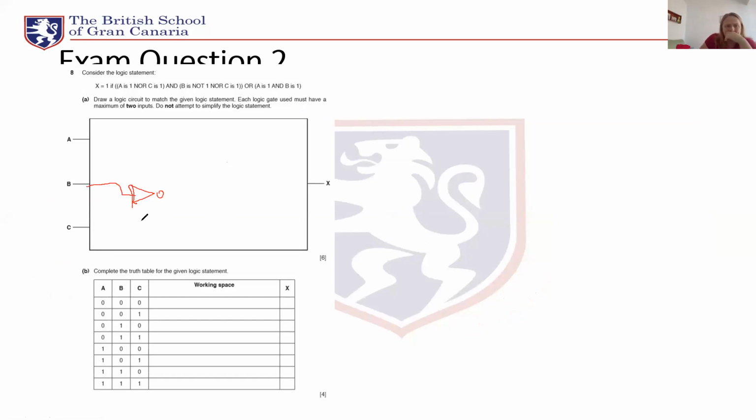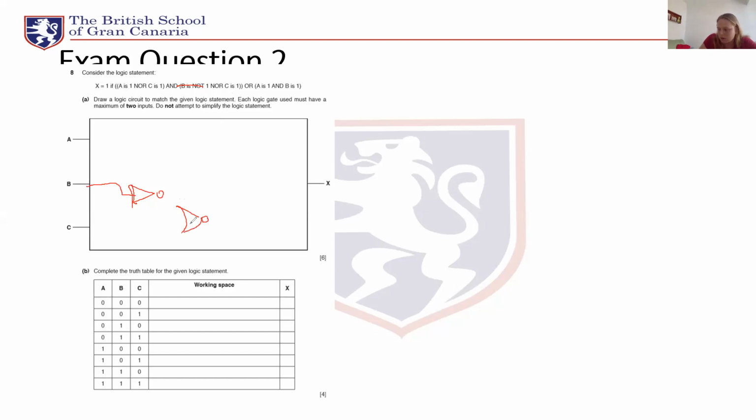Right, so now I'm going to cross that out there. Okay, and then C is attached to a NOR gate. So I go over to C here, and I'm going to draw my NOR gate here.